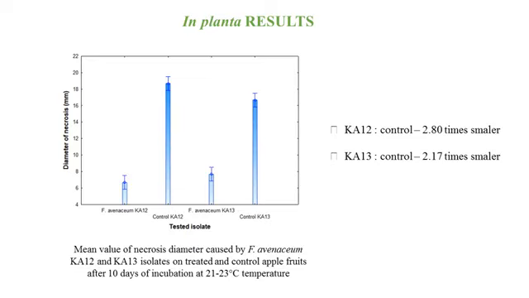These results show statistically significant differences between treated and non-treated control fruits. This indicates that the antagonistic agent produced by Streptomyces hygroscopicus in the bioreactor under well-defined conditions on the medium with glycerol shows very good suppression of Fusarium avenaceum Ka12 and Ka13 mycelial growth.